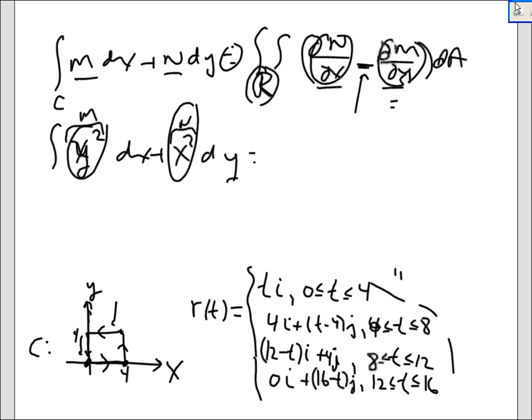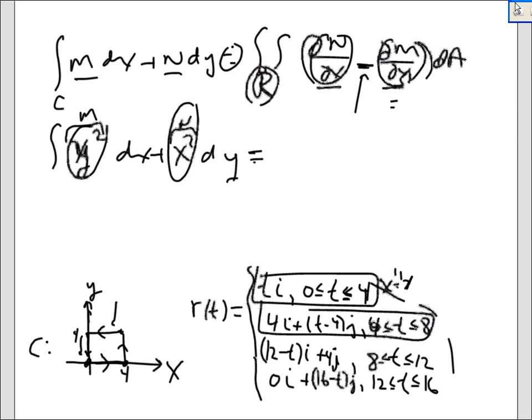Okay, so now along path 1, we'll call this path 1 and path 2, etc. Along path 1, we have x is t and y is 0.